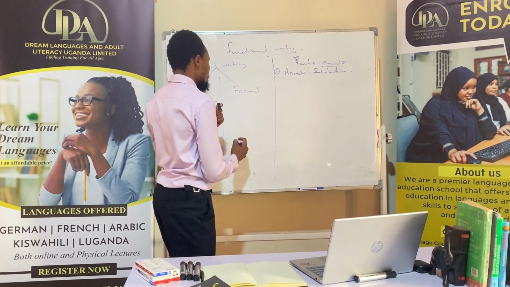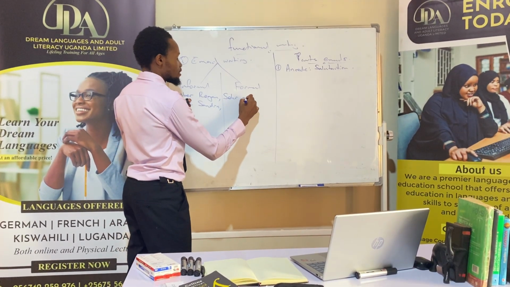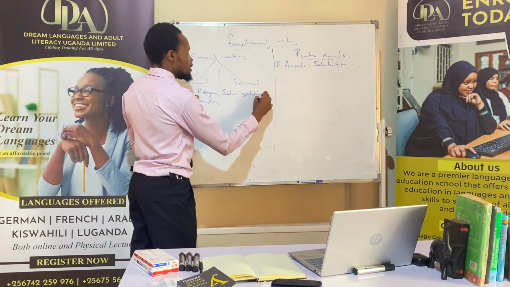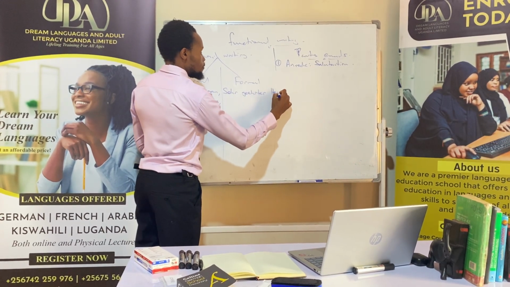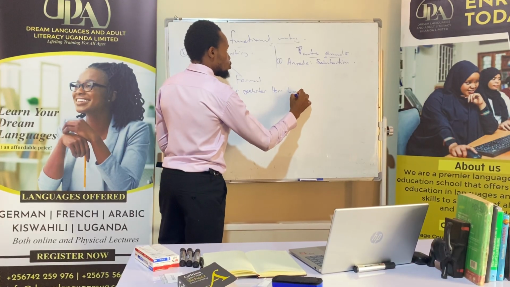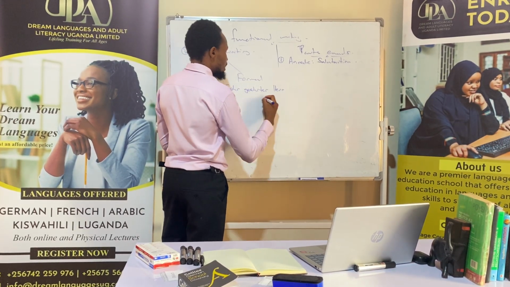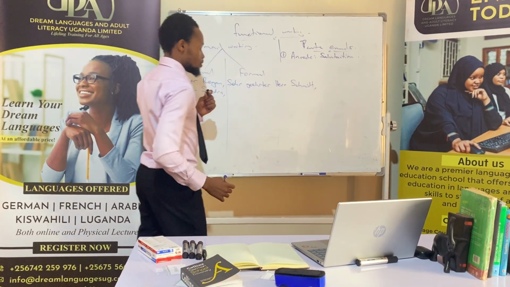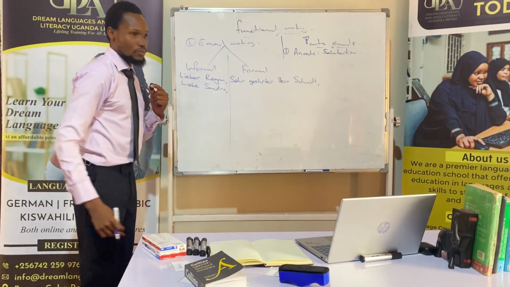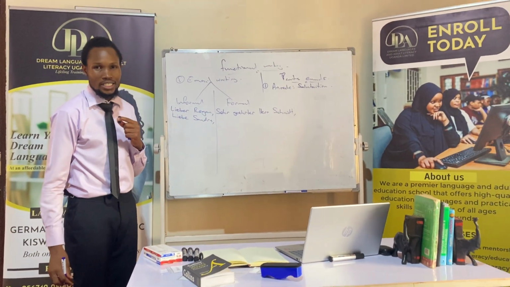Now, for the formal one, we use sehr geehrter, and you put the title. So for me, Sehr geehrter Herr Dugolovi. Let me use German names: Sehr geehrter Herr Schmidt. That is like, dear Mr. Schmidt.